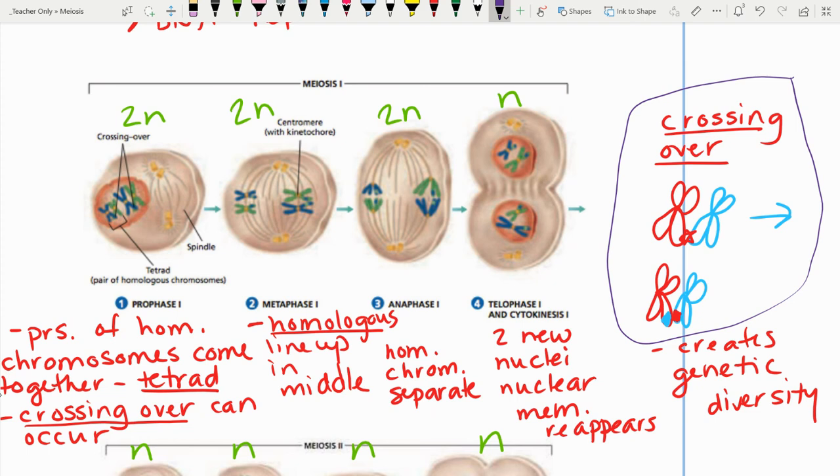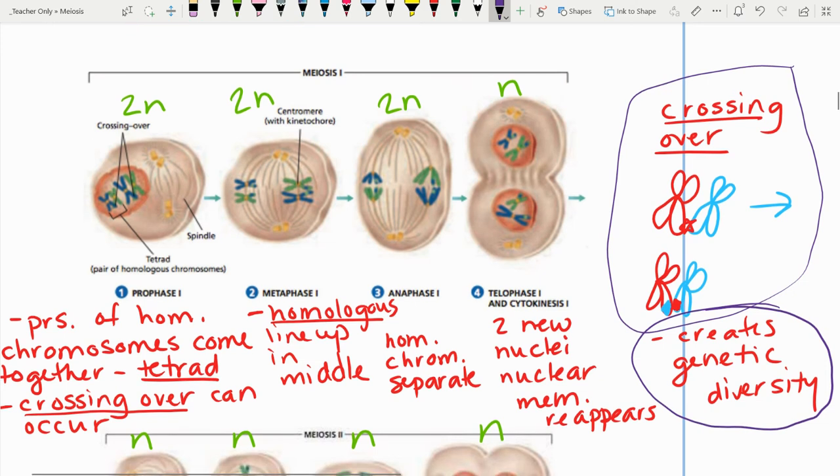Some characteristics from one chromosome are swapped with another. What's the point of that? This is where genetic diversity comes in. It creates genetic diversity, and this is a random thing that occurs. So it's a very important, major event.